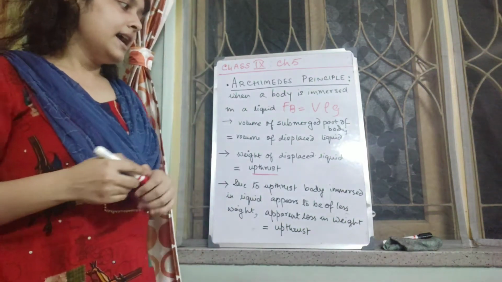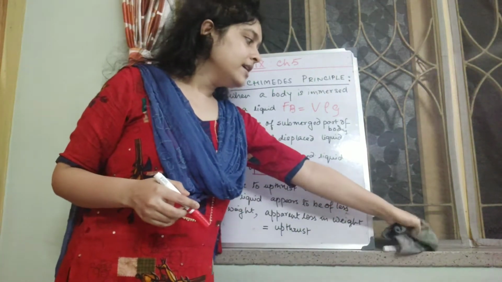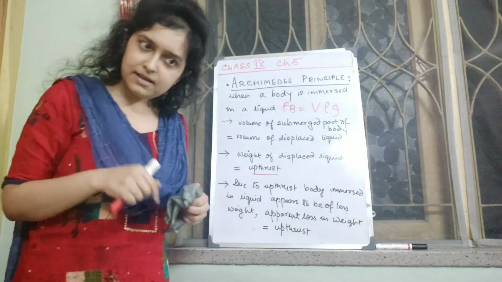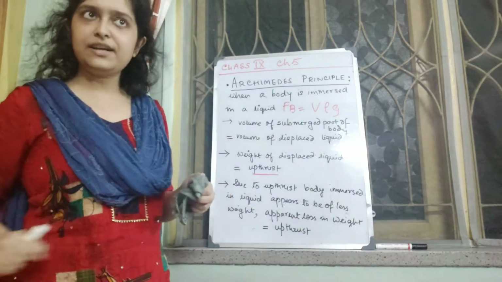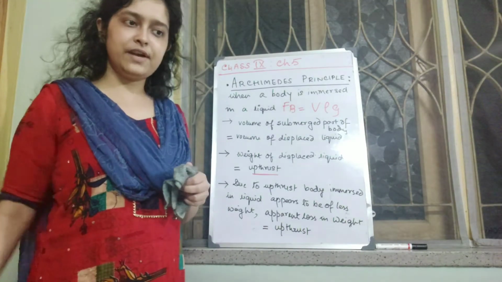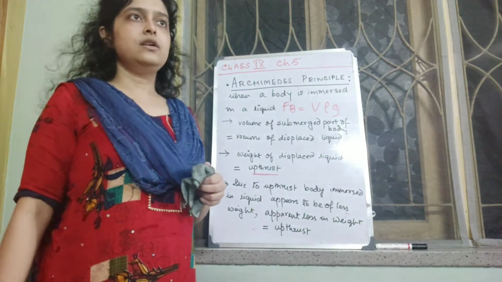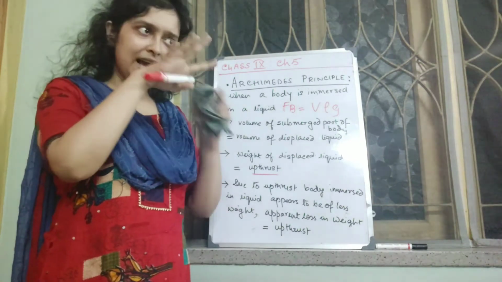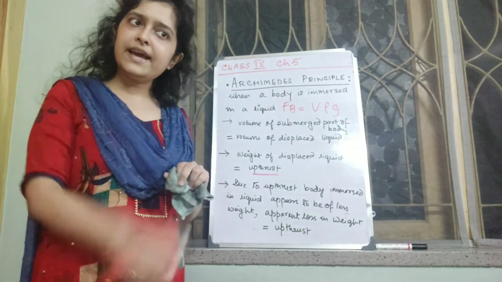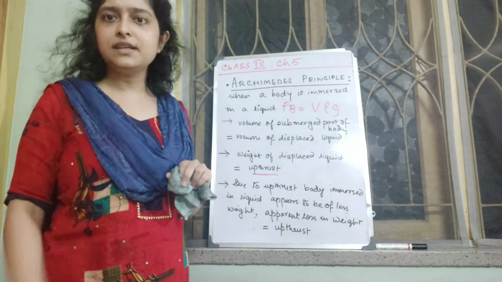That means, in air, when we are measuring the weight of the solid, that is the real weight of the solid. Inside the liquid, when we have dipped it, we experimentally observed that its weight is showing, say, 180 Newton.